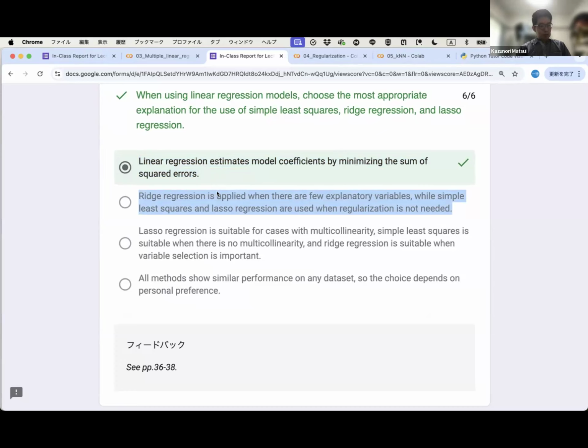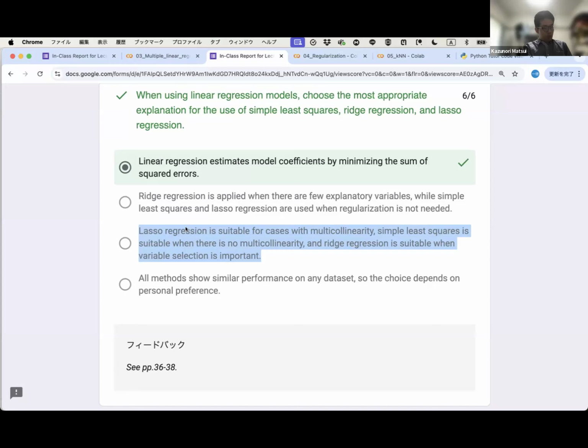This is completely wrong because lasso regression is a regularization method. Also, the description that lasso regression is suitable for cases with much collinearity, simple least squares is suitable when there is not much collinearity, and ridge regression is suitable when variable selection is important, is not accurate.